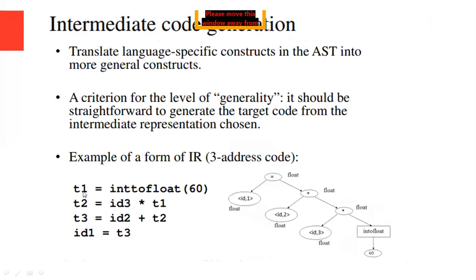So here T1 is equals to int to float. So we can convert the 60 value. That 60 value is converted from integer to float. So T1 is a variable. We are converting 60 into float, so 60.0, that value is assigned to T1. So T1 is equals to int to float 60.